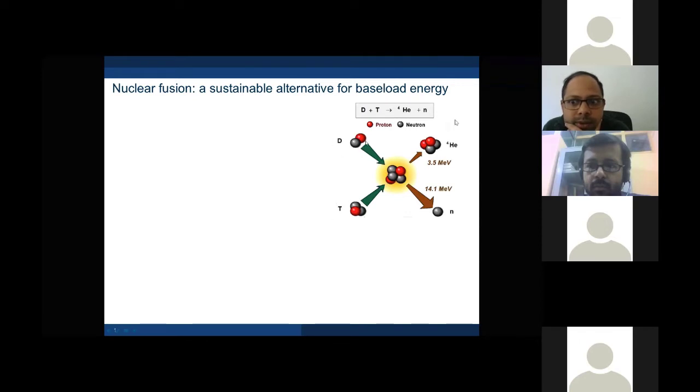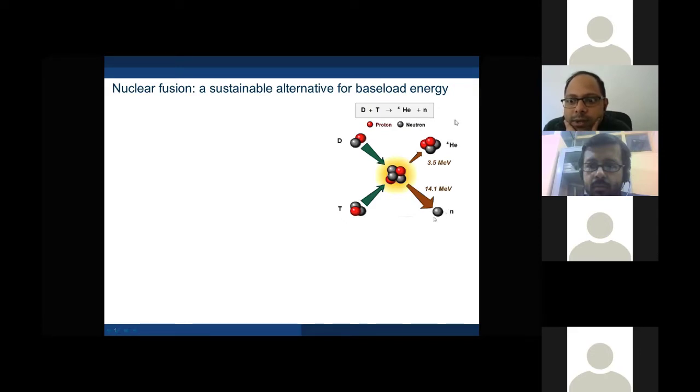Deuterium has just one neutron. If these two are fused together, the output products are going to be helium and a neutron. The total mass of these output products is less than the incoming products by a small amount, and that loss of mass manifests as kinetic energy of the outgoing particles.